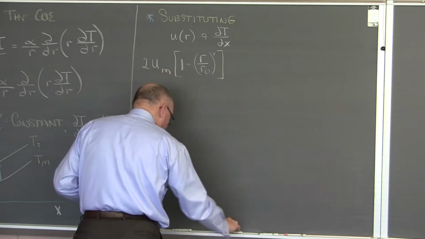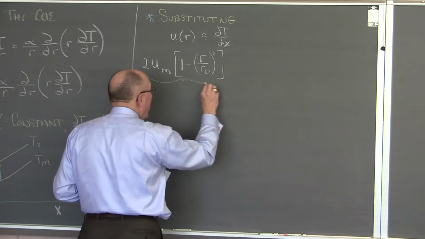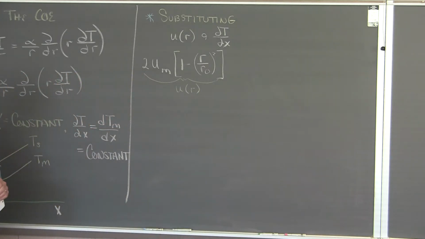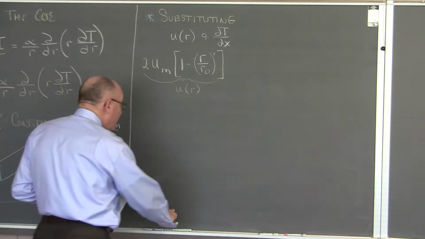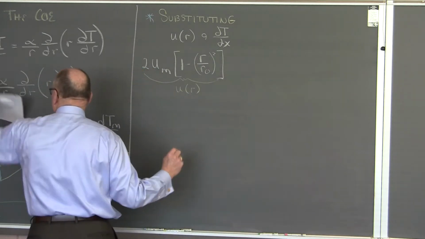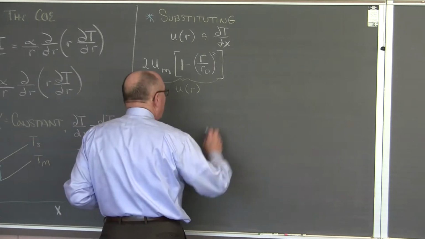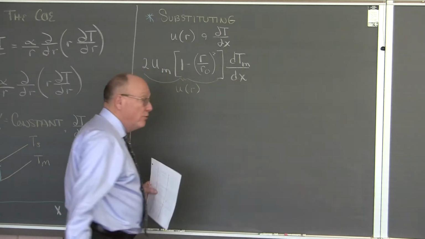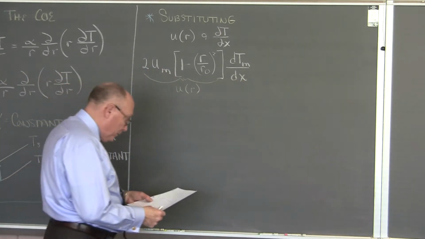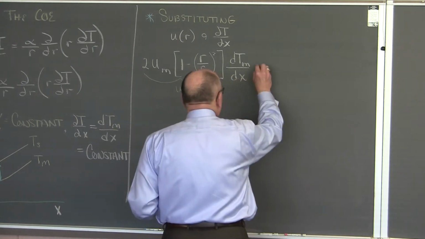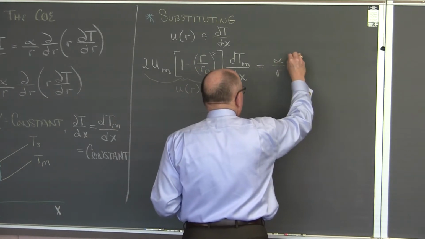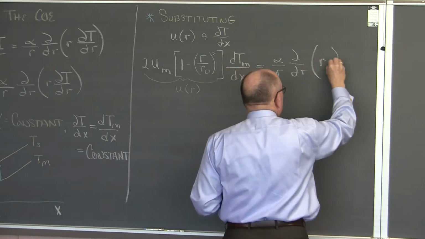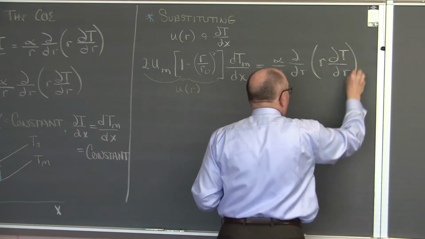And this is, of course, your u function of r from last time's class, times the partial of T with respect to x, but that's going to be equal to the change of the mean temperature with respect to x, which is a constant, which will carry through. And that's going to be equal to alpha over r times the partial with respect to r of r times the partial of T with respect to r.